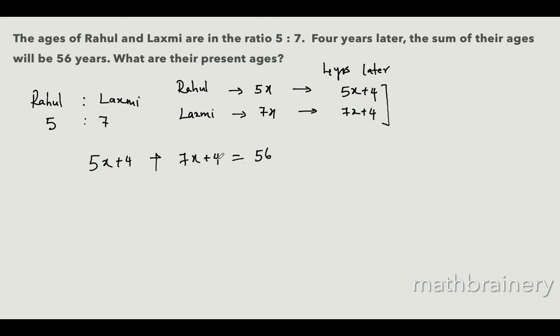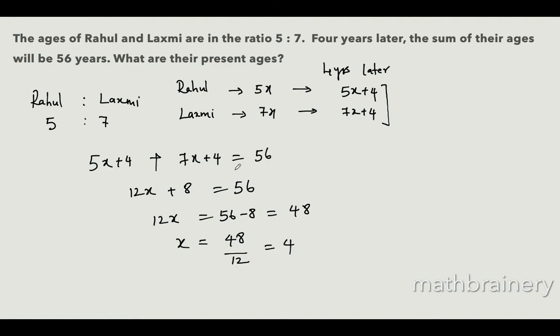Let's now simplify this and solve for x. 5x plus 7x is 12x, 4 plus 4 is 8, this is equal to 56. Transpose 8 to the right hand side, you get 12x is equal to 56 minus 8, which is 48. When we transpose 12 to the right hand side, you get x as 48 upon 12, which is 4.